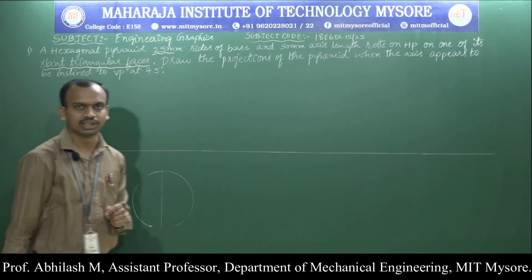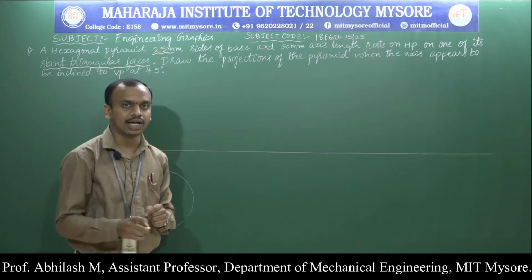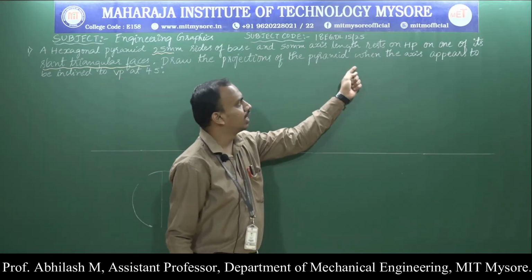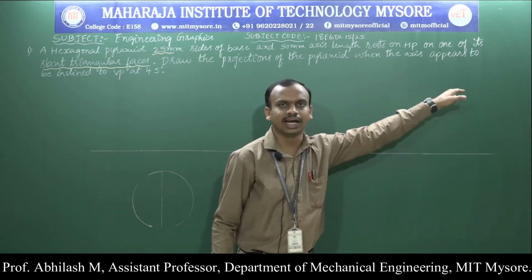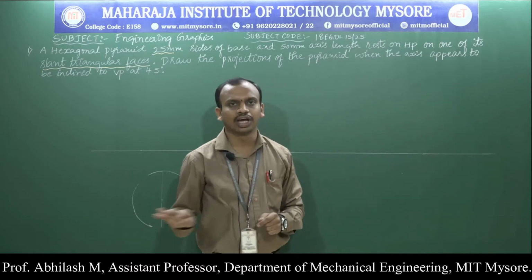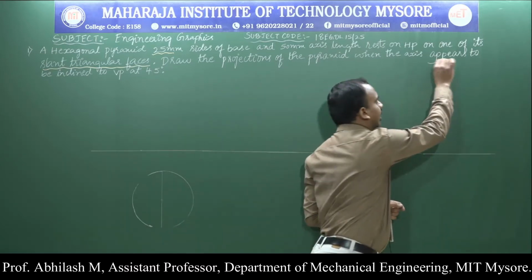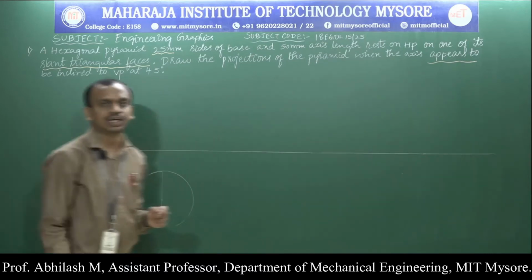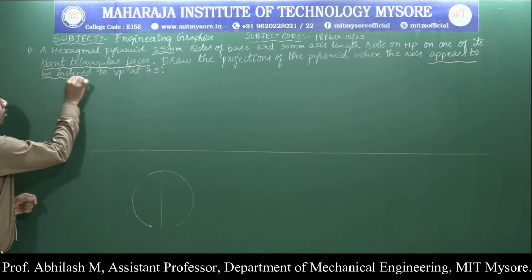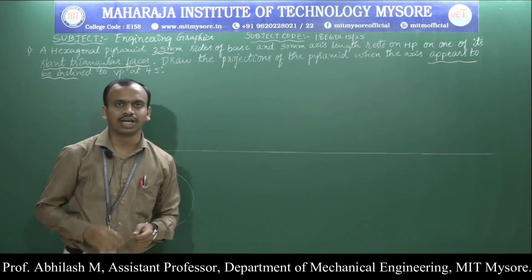We will see what those slant triangular faces are, and the axis of the pyramid appears to be inclined. So here we need not calculate any beta angle. It appears to be inclined to VP at 45 degrees.